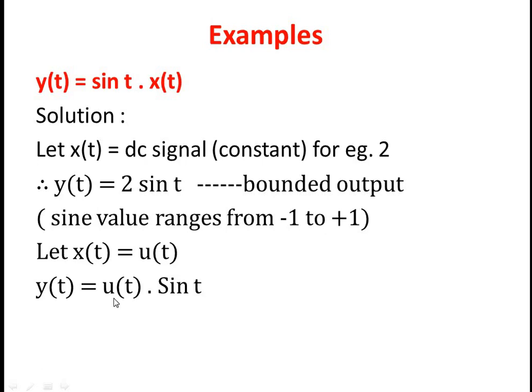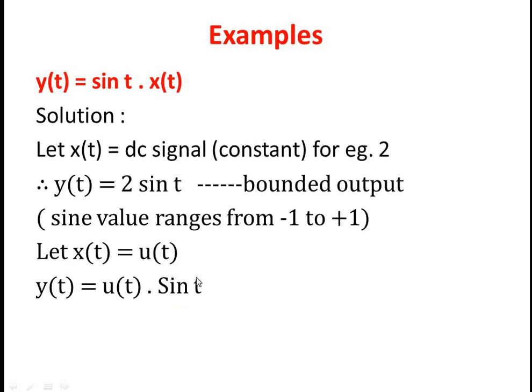So we are substituting the value of t as 0 here as well as here, and for y of 0 the value will become 2 sin 0. Whereas for this case, the value of t is 0, at that time y of 0 will be equal to u of 0 into sin 0, and whatever the value of sin, the maximum value will be 1, the minimum value will be -1.